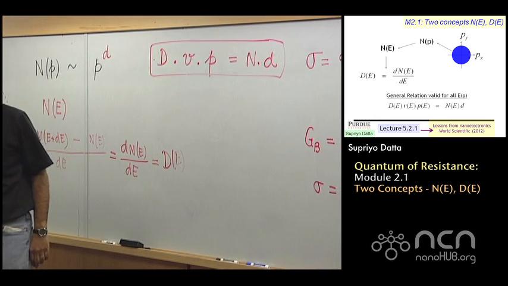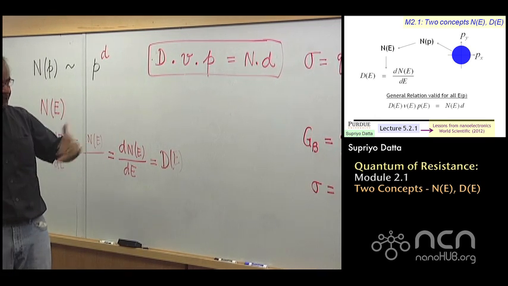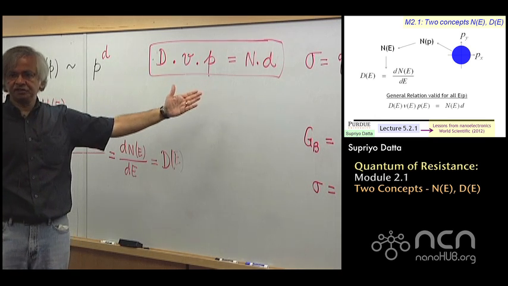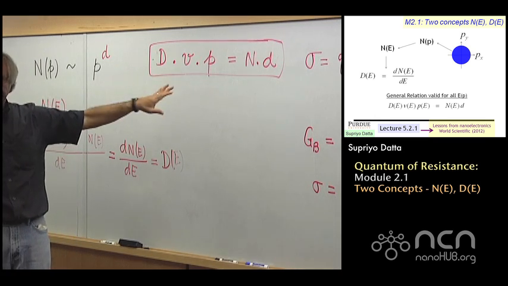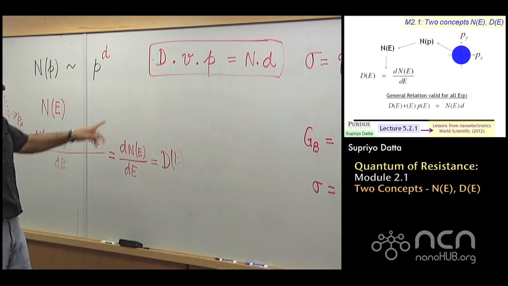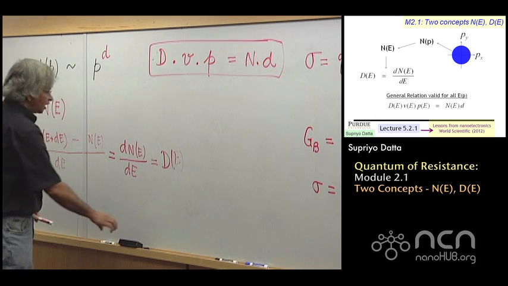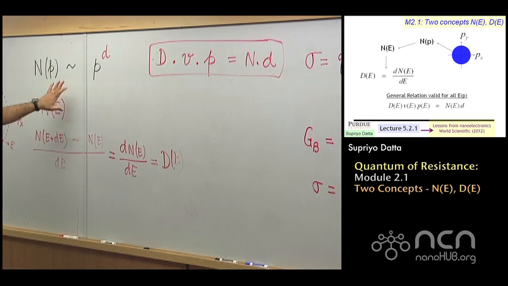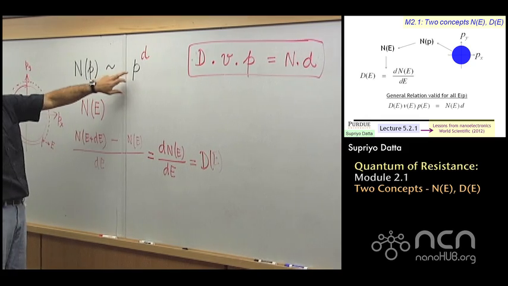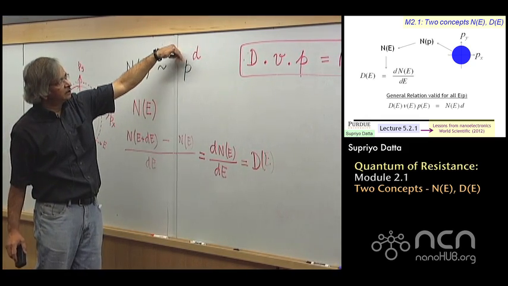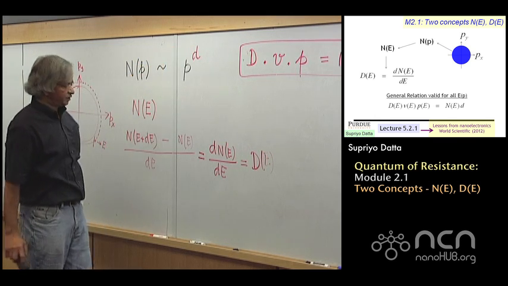This particular relation should hold in general, and it is sometimes useful. For the homework problem, what I ask you to do is, for a specific energy momentum relation, actually calculate the density of states and show that this relation indeed holds. Again, you can look at the tutorial to see how that's done. But right now, I just wanted to explain where that relation comes from. It's based on the idea that N of p is proportional to p to the power of the number of dimensions.